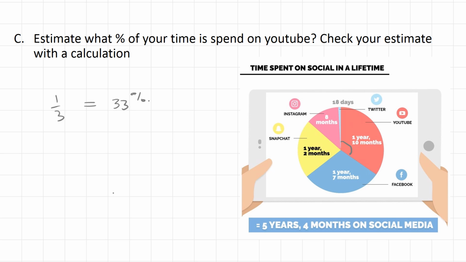Now, if I want to check the estimate to see if they've done that right, I'm going to check how many months compared to the total. So 1 year plus 10 months is the same as 12 months plus 10 months. So in other words, 22 months in total on YouTube.